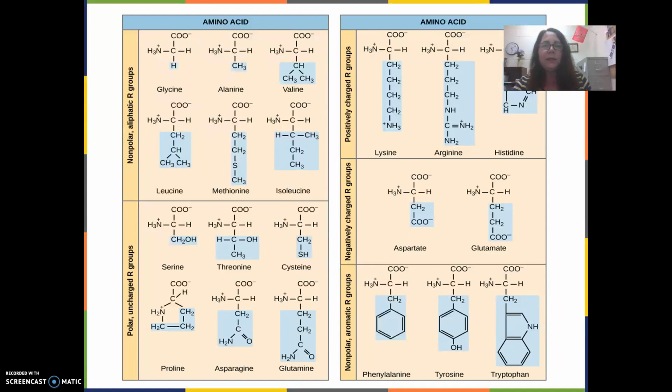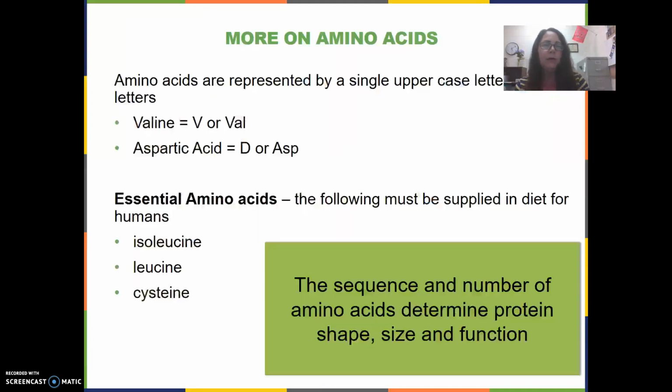The R groups will determine what type of amino acid it is, whether it's nonpolar or polar. If it's nonpolar, of course, it's insoluble in water. If it's polar, then it's soluble in water. And it can also have a charge. It can be an amino acid that's negatively charged or positively charged. But these R groups determine the characteristics of the amino acid.